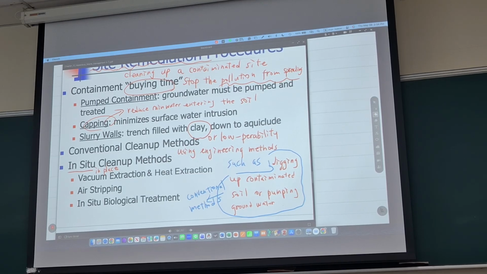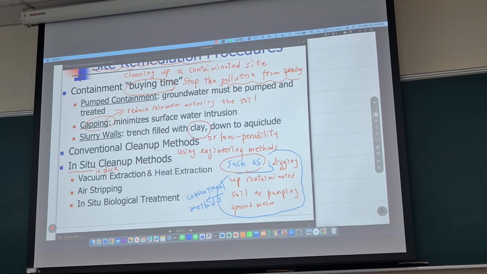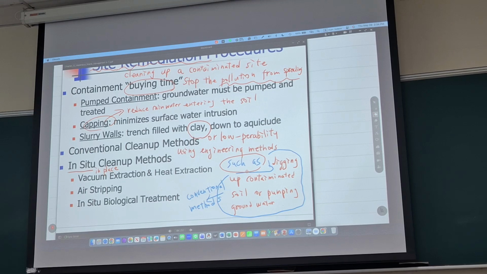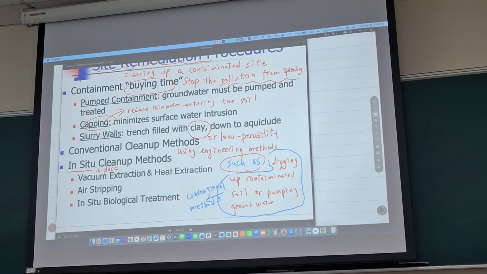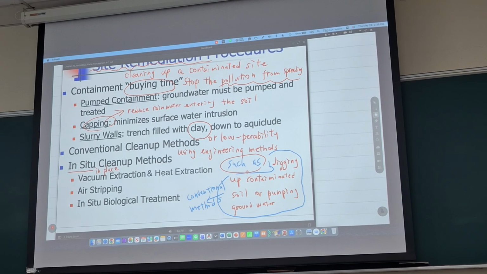Okay, change this to such as, not instead of, I'm sorry. Using engineering methods such as digging up contaminated soil.